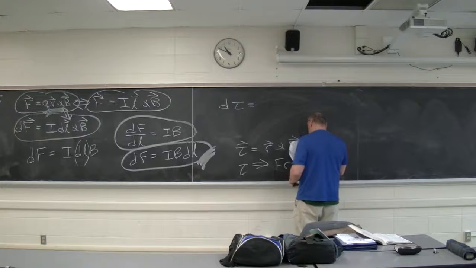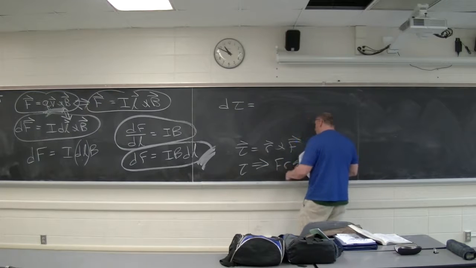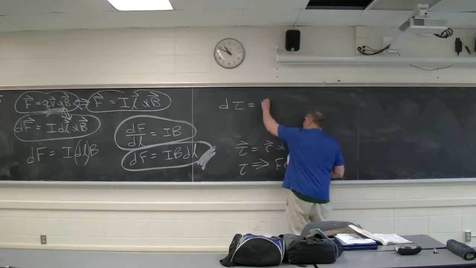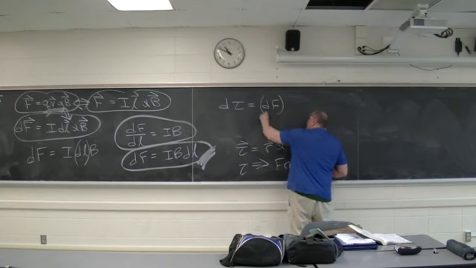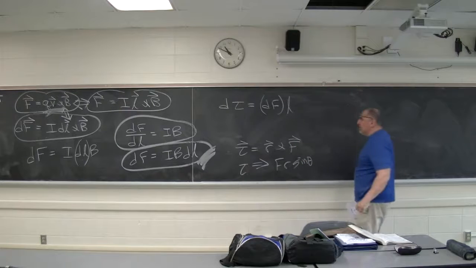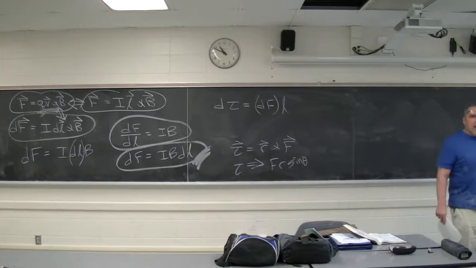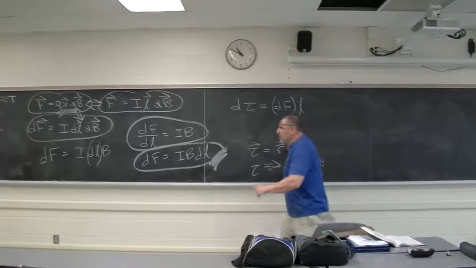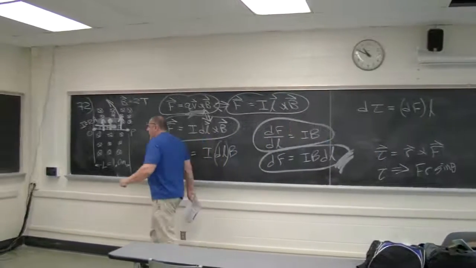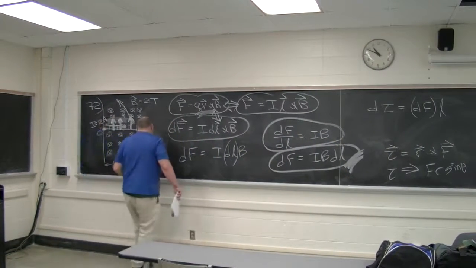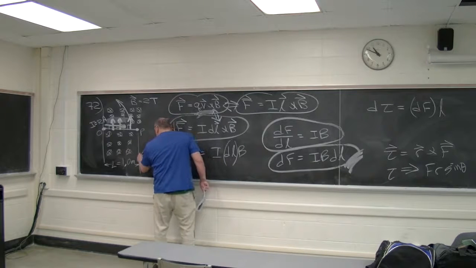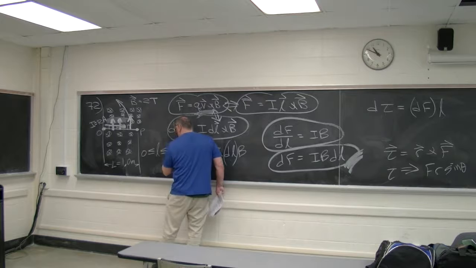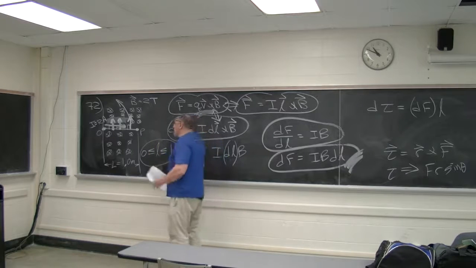Differential torque is going to be dF times L. Now the L changes; the L varies. This is really important. L is greater than or equal to 0, less than or equal to 1 meter. It is a continuous phenomenon.